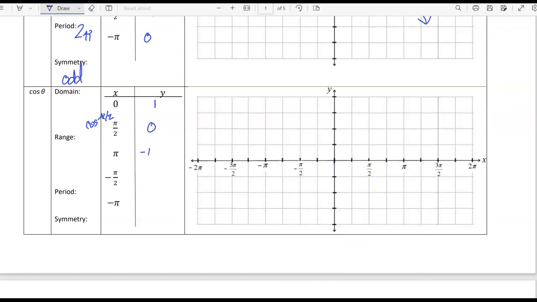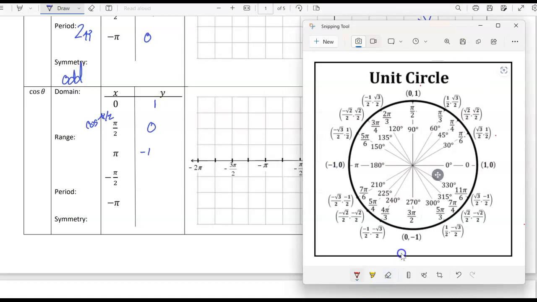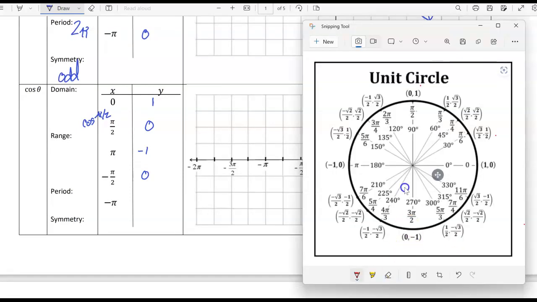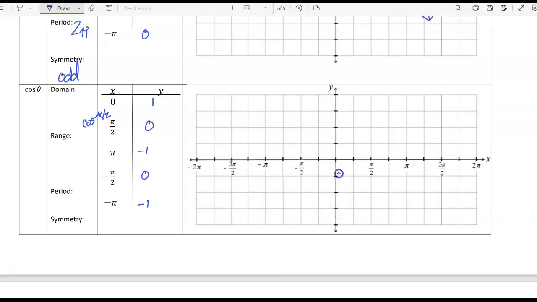And now we're looking at cosine of negative pi over 2. Negative pi over 2 is the same angle as 3 pi over 2. And that's going to have a value of 0. And then negative pi is the same thing as the angle pi, and the cosine is going to be -1 there.